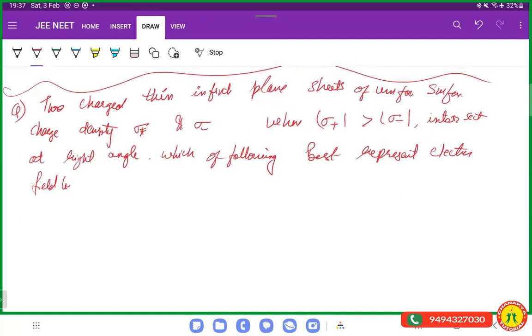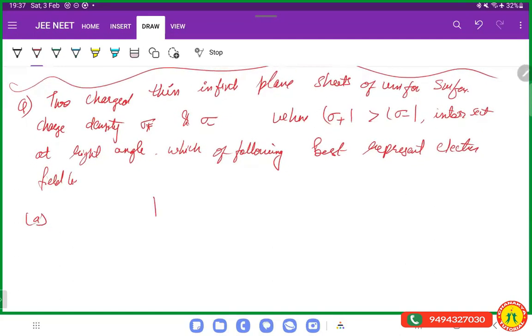Oh my, the diagram is a bit difficult. There are so many lines. I'll just draw two. Kindly bear with that.